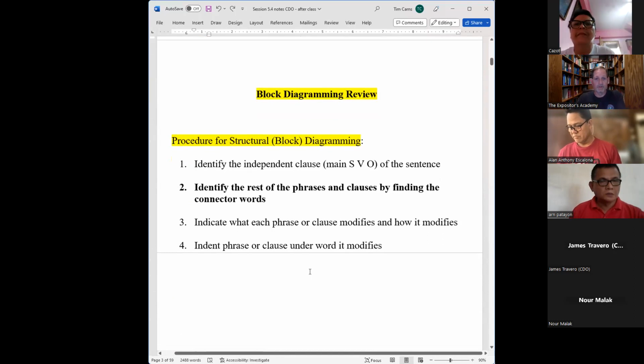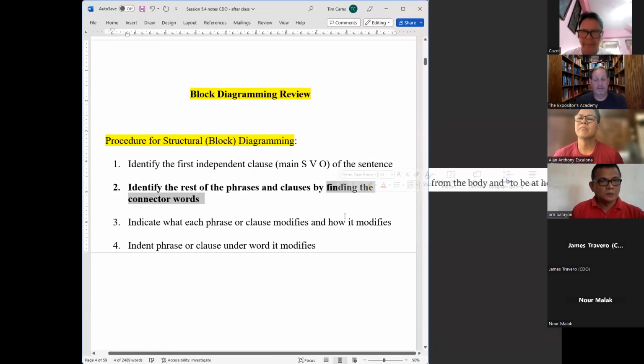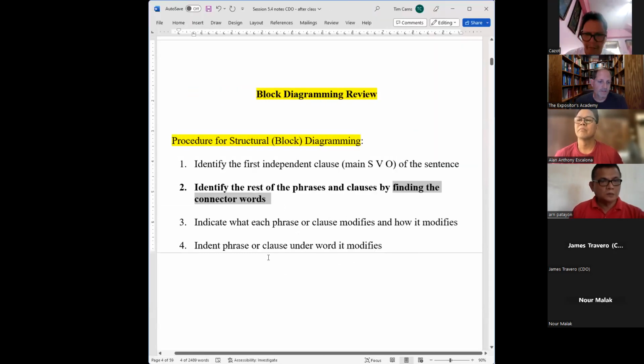And of course, as you remember, to do the diagram, you first identify the independent clause, the first independent clause, we should say, of the sentence, and then identify the rest of the phrases and clauses. And how do we do that? By identifying those connector words. And then after we do that, we figure out where each phrase and clause goes and what it modifies, and how it modifies that.